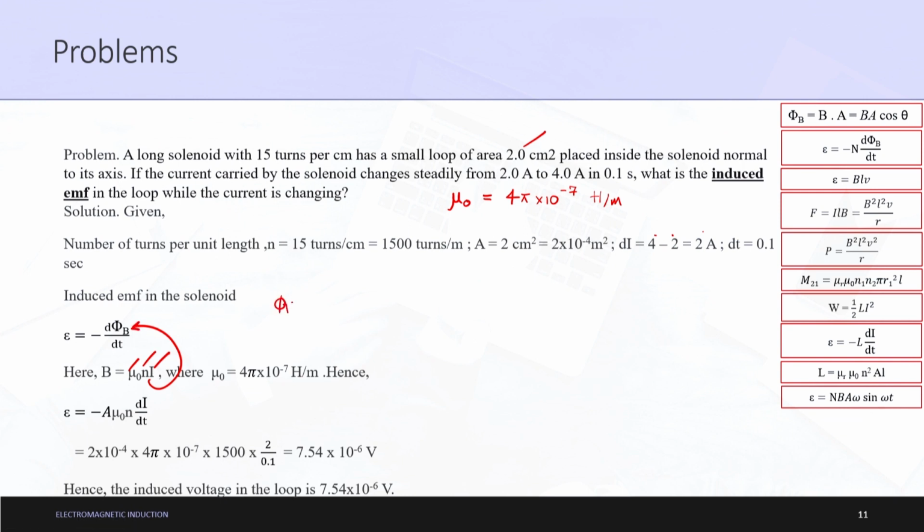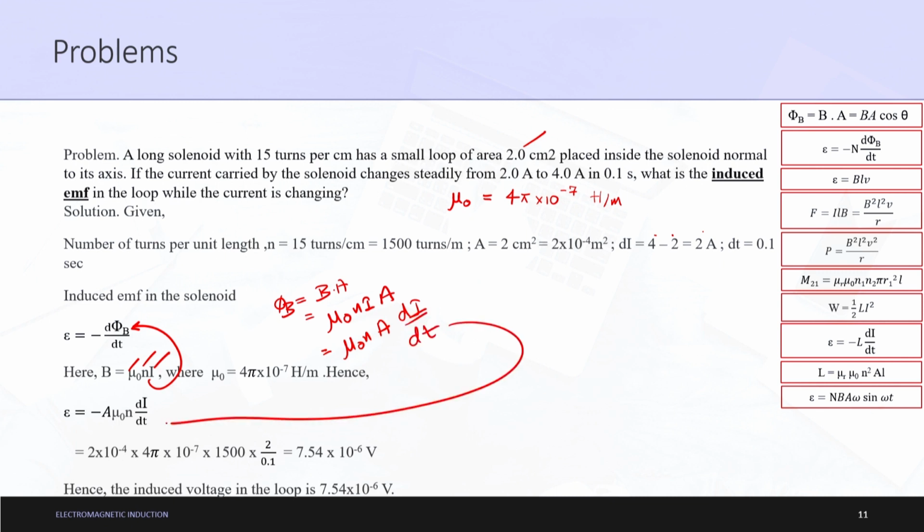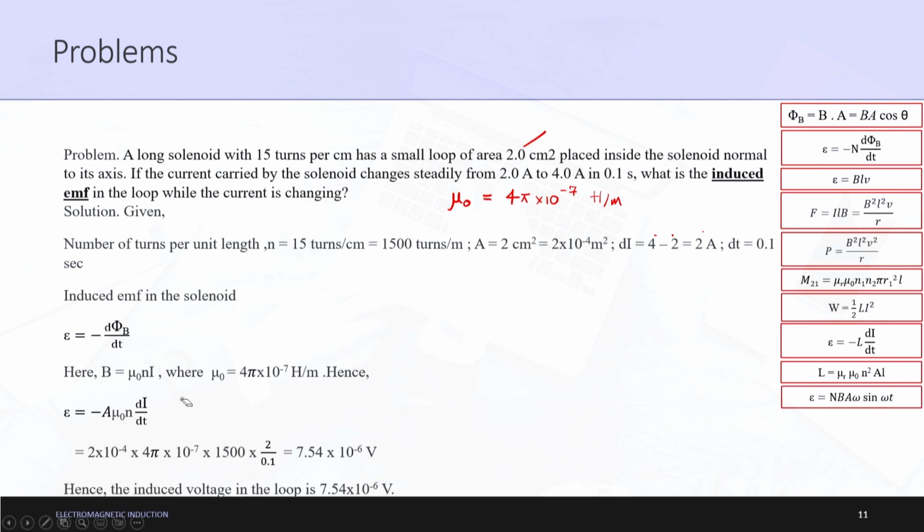So, phi B is nothing but B dot A, which is equal to mu naught n I A. As only I varies and everything else is constant, it is mu naught n A into di by dt, and this is the same formula being used here. Now, a typical substitution of everything.